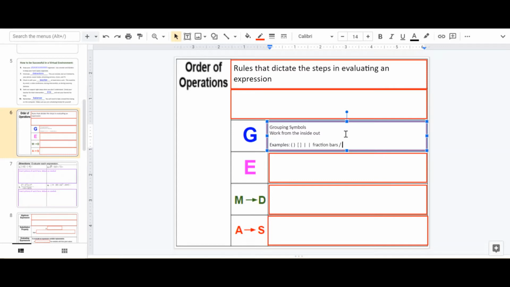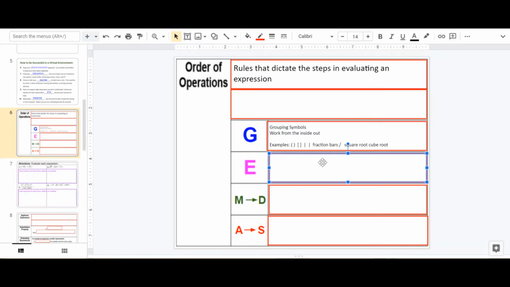And can't really type this symbol on our keyboard, but a square root and also a cube root would also be examples of grouping symbols.